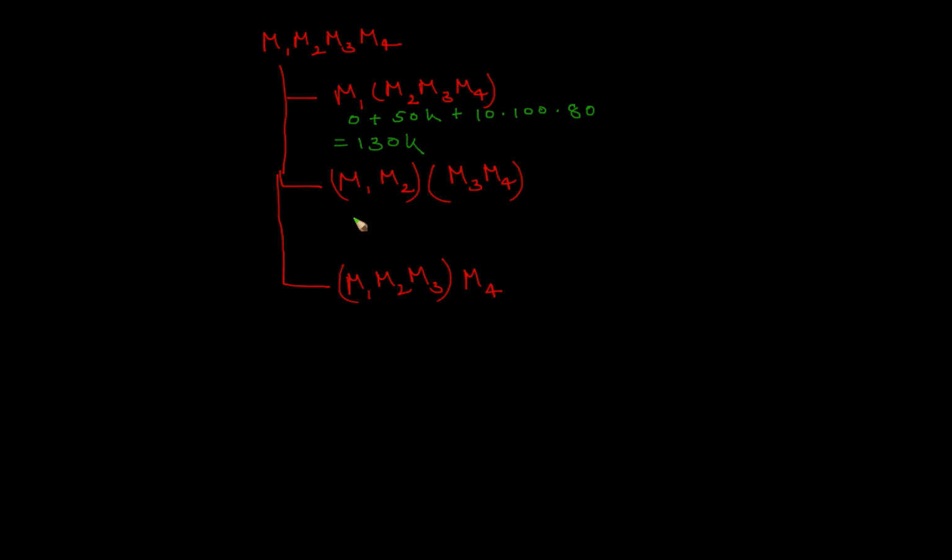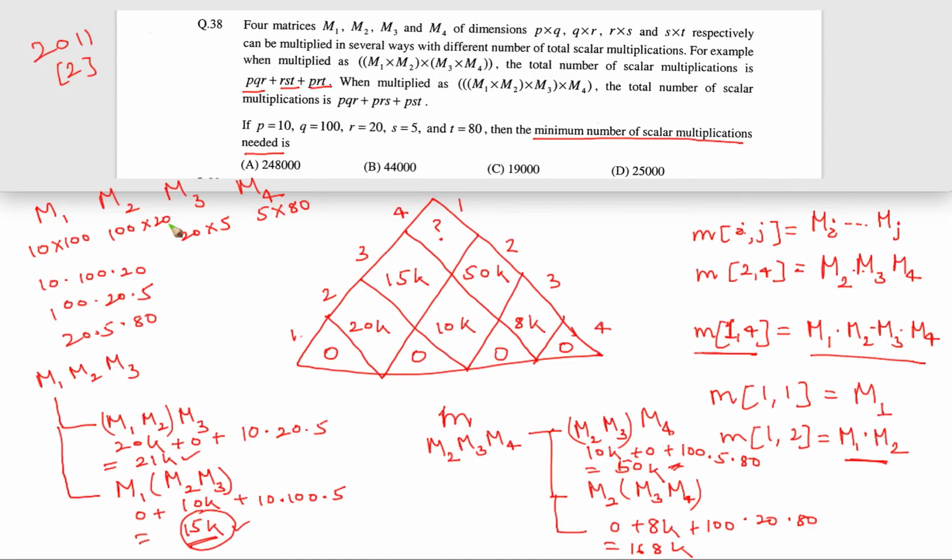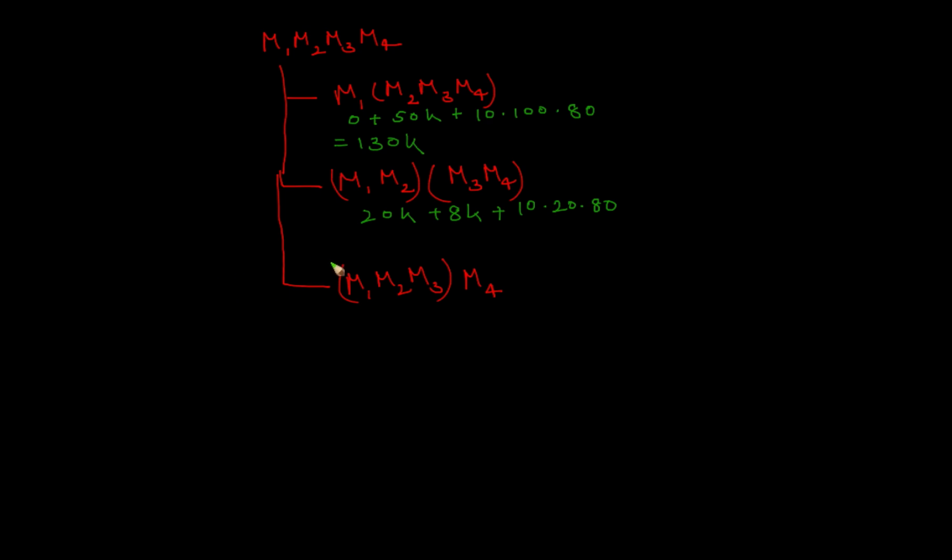So we do 20,000 plus 8,000 plus 10 dot 20 dot 80, because this is 10 cross 20 and this is 20 cross 80. You can see from here also, 20 cross 80, 10 cross 20. So the overall summation is going to be 44k.